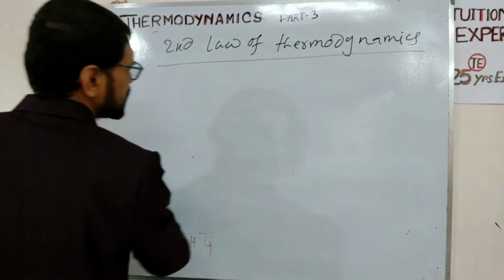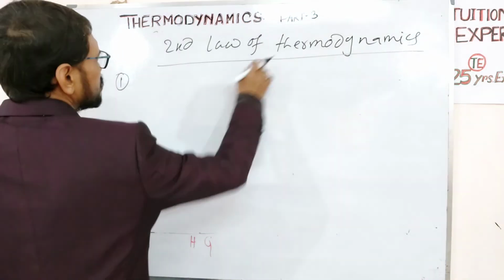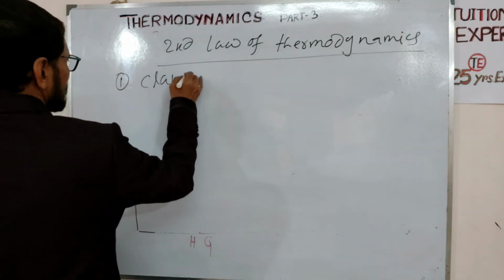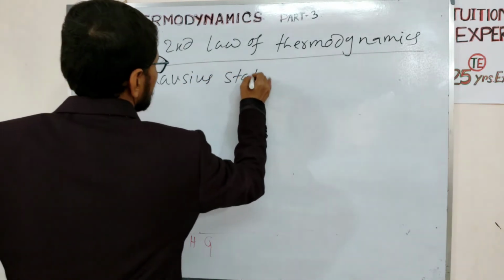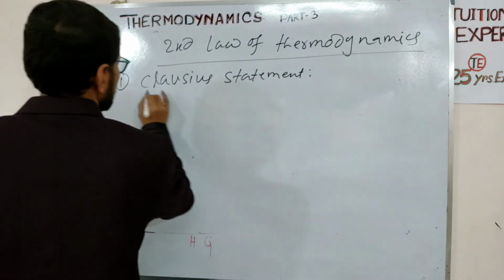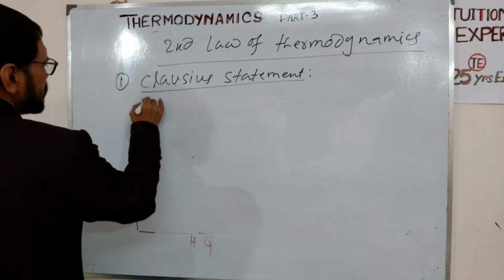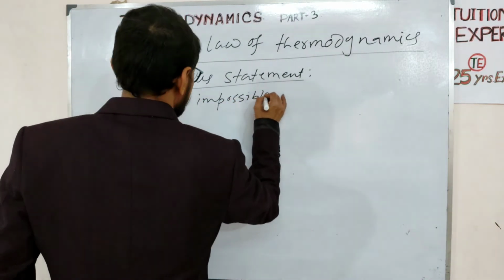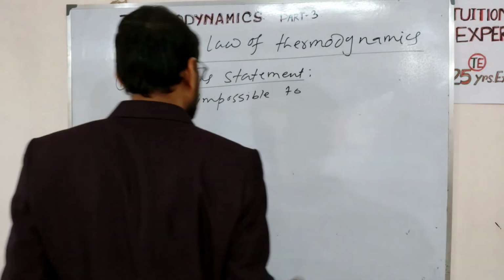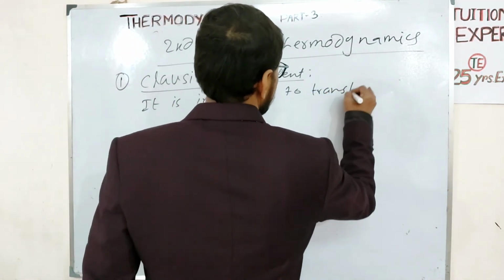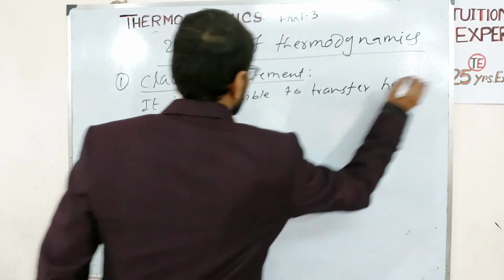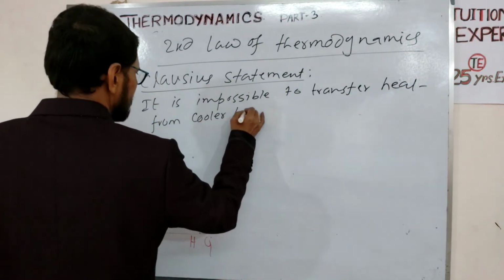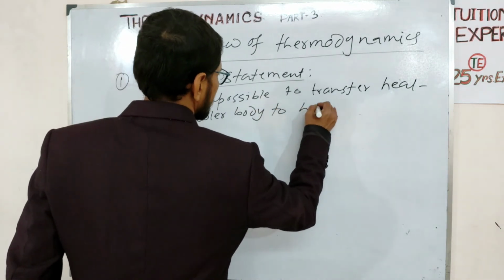There are three statements related to the second law of thermodynamics. First is the Clausius statement. It states that it is impossible to transfer heat from a cooler body to a hotter body.